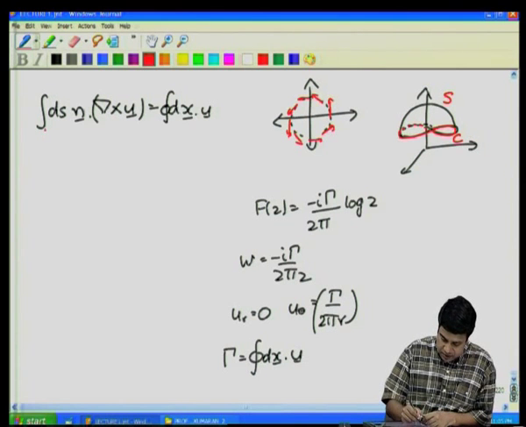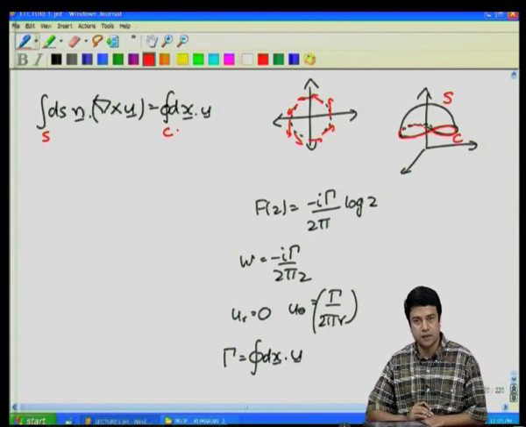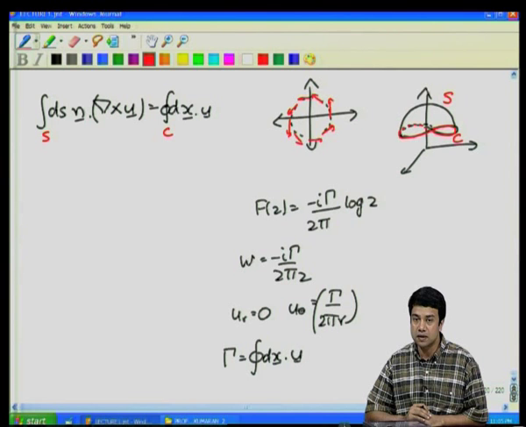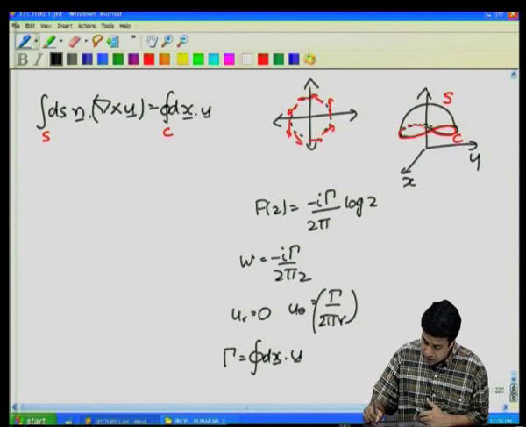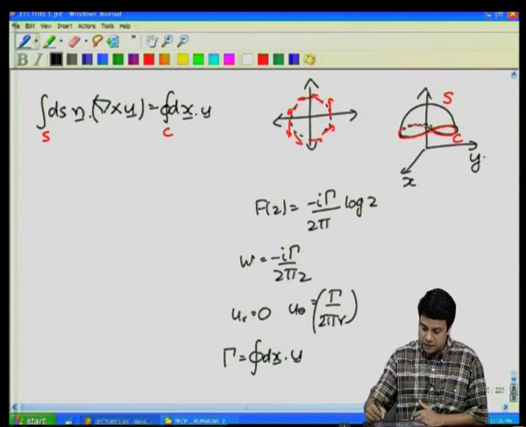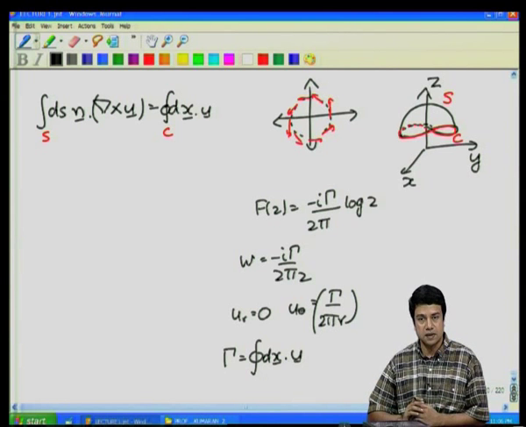So what this says is that the integral over the surface S of n dot del cross u is equal to the integral of dx dot u over the perimeter C. Okay. In this case, we have a 2-dimensional system. That means that there is no variation in the direction perpendicular to the plane. In this case, the plane x, y is the plane surface, z is the third coordinate, and I have no variation in the third z direction. Okay.